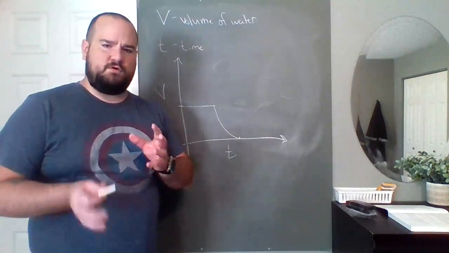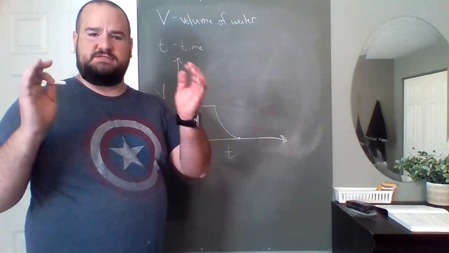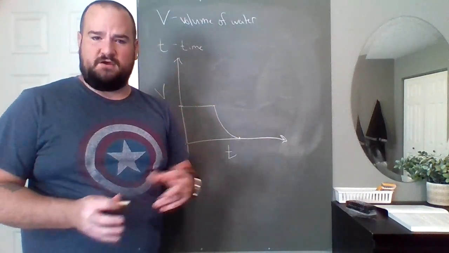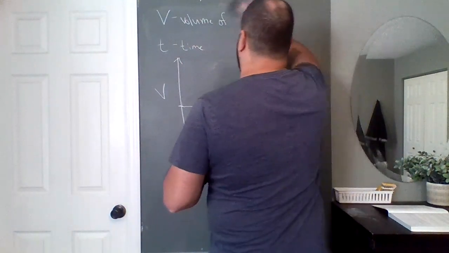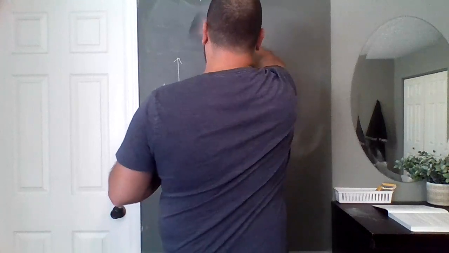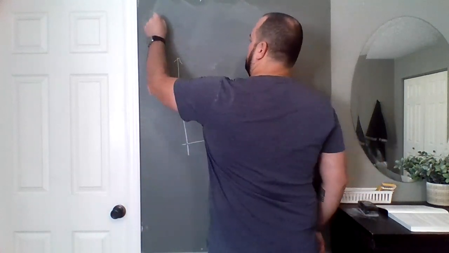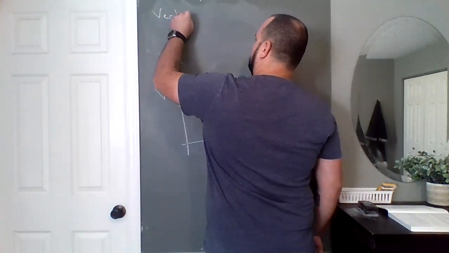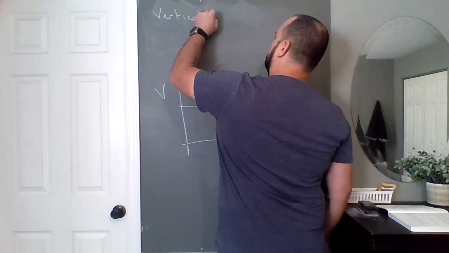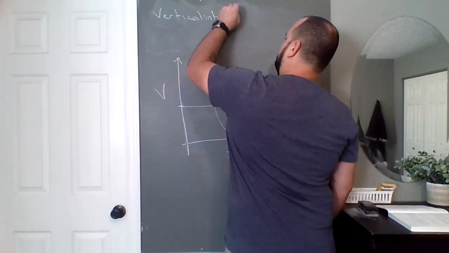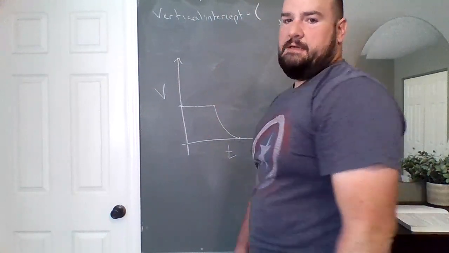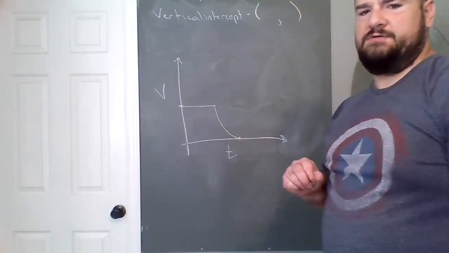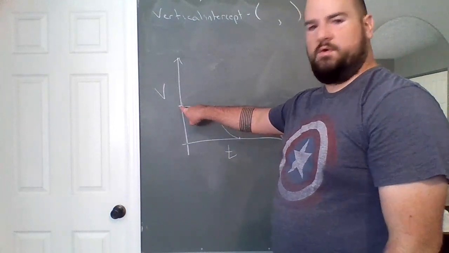Now, hopefully you remember coordinate points, these ordered pairs with parentheses, x, y. I don't need this, but I want to keep the graph up so we can refer to it. So the vertical intercept, we roughly know its coordinates. What are the coordinates of this point?